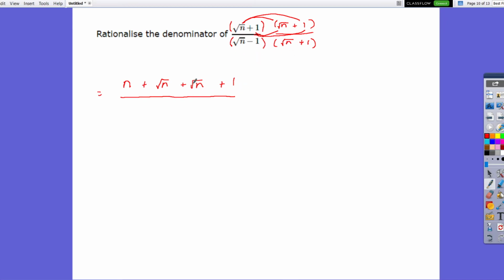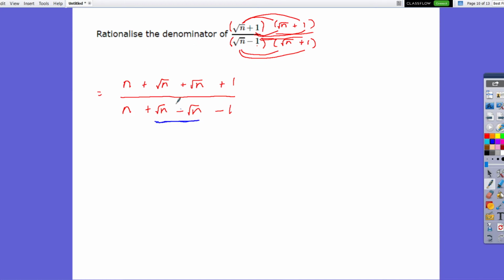The reason why we did this, I'll do it in longhand so you can see it. Root n times root n is just n. Root n times plus 1 is plus root n. Minus 1 times root n is minus root n. And then minus 1 times the 1 is going to give me minus 1 here. Now the whole reason for multiplying by the conjugate is what you notice here: the surds will disappear.